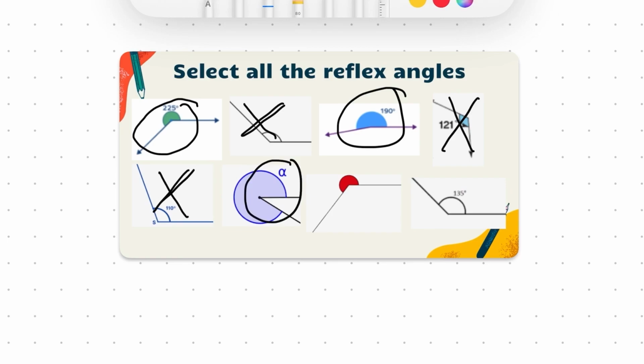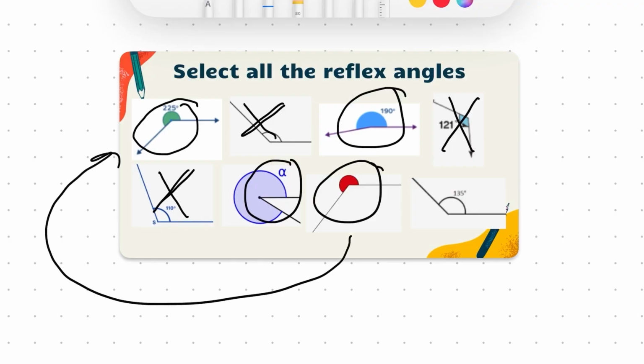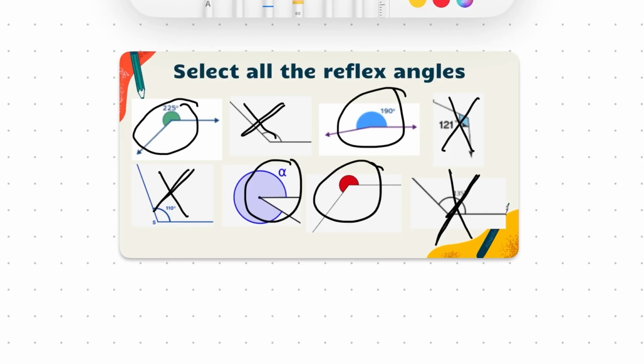The next diagram also shows a reflex angle. You can tell that because it's similar to how this one was 225. And lastly, we have a 135-degree angle. Like our previous examples, this showcases an obtuse angle, so it is therefore not reflex.